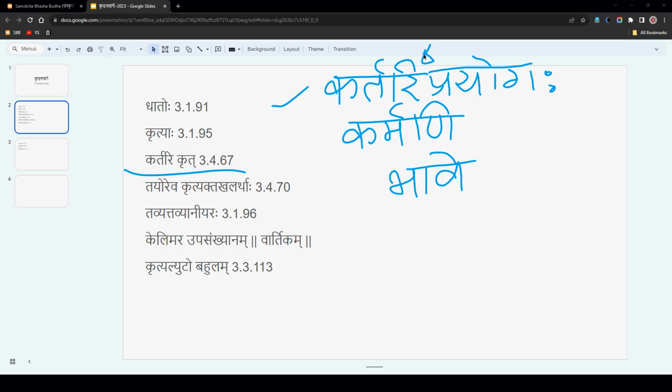When are they used? Can somebody give a sentence in Kartari Prayoga? Prajwala Mohoday, Kartari Prayoga sentence. Kartari Prayoga is when the subject is the doer. Aham griham gacchami.